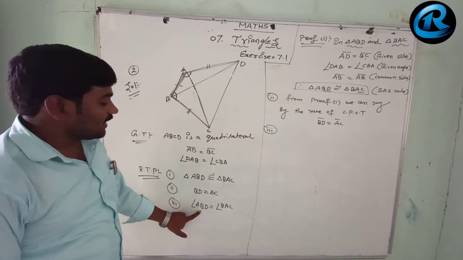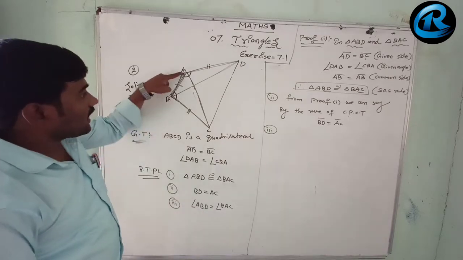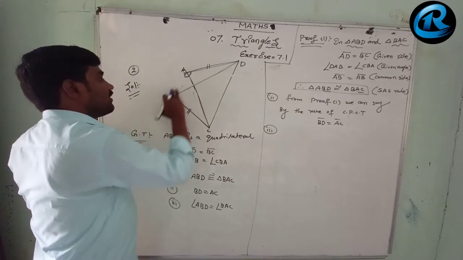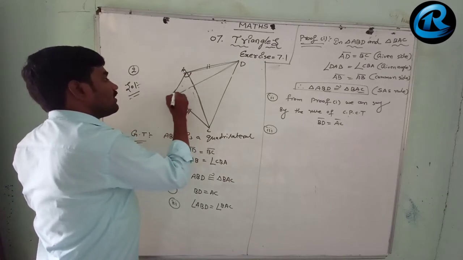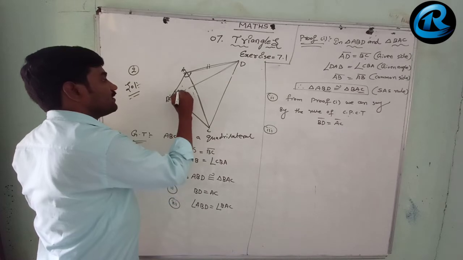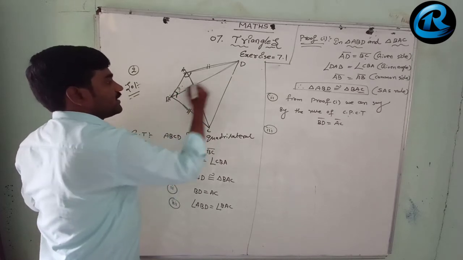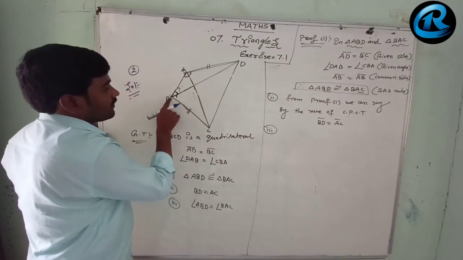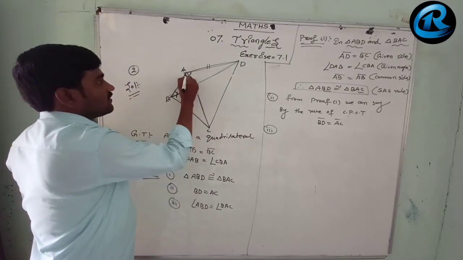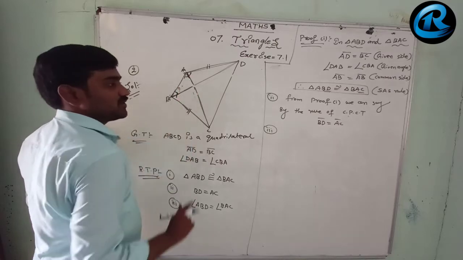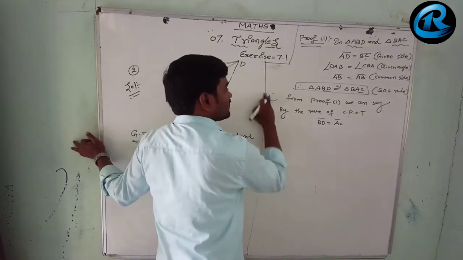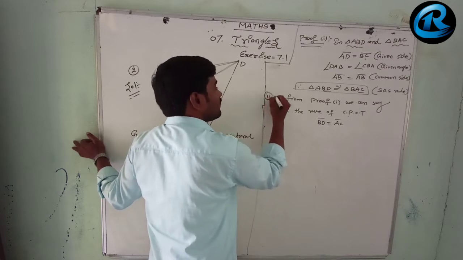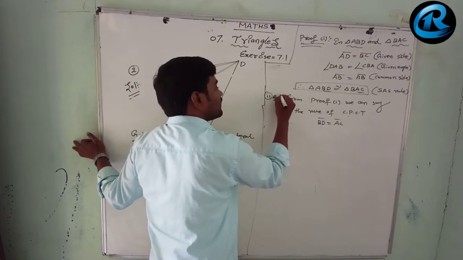Now what about the angle ABD? This angle ABD and angle BAC, these two are also corresponding parts only. Similarly, the second proof and proof number 3 we can write.